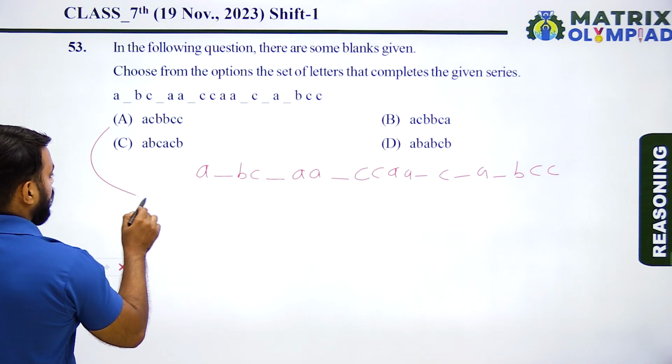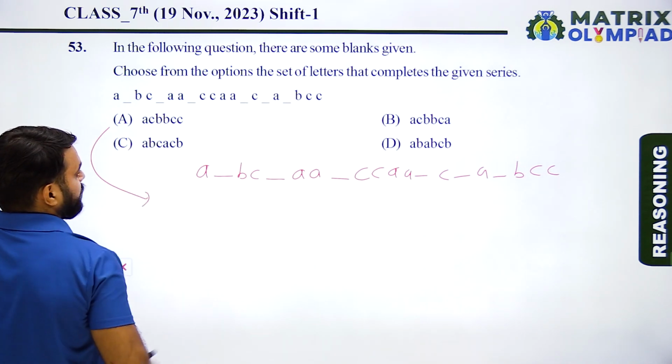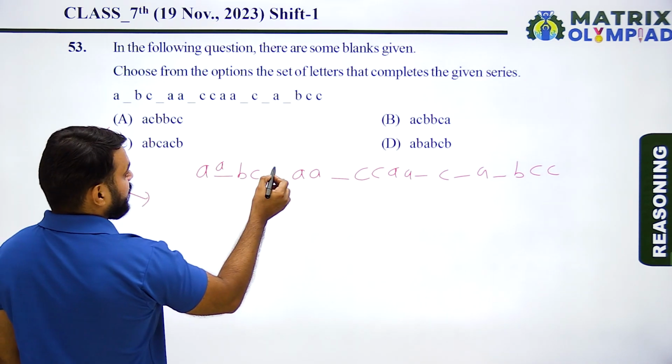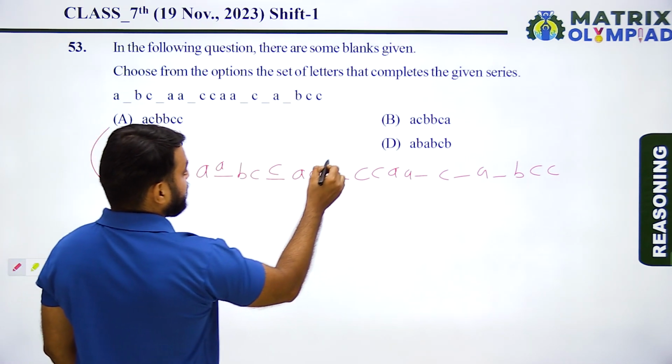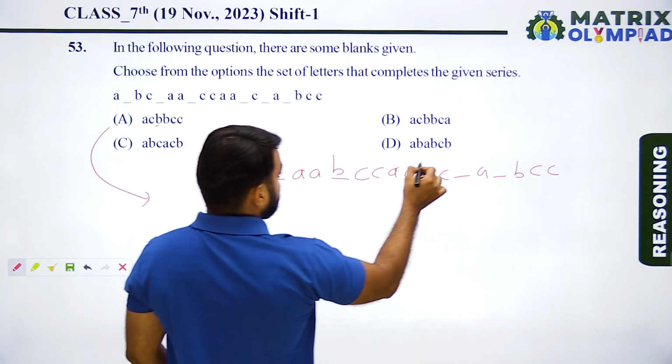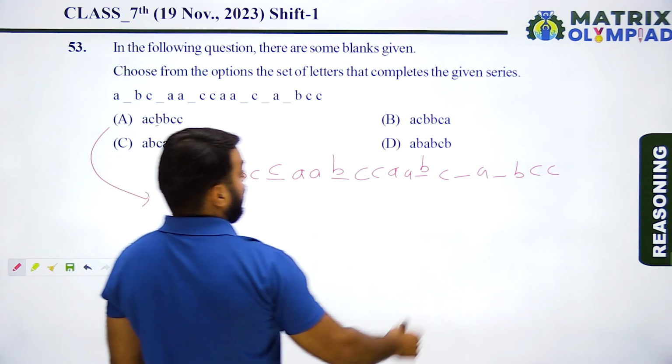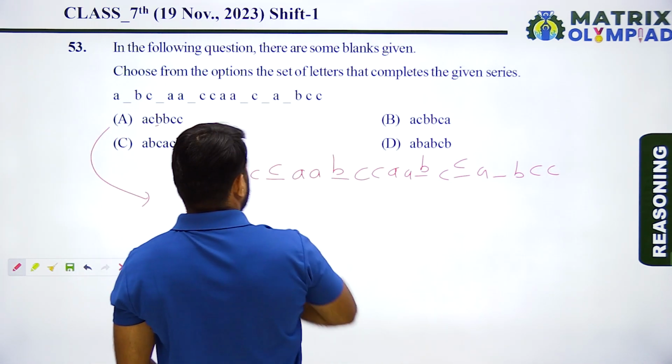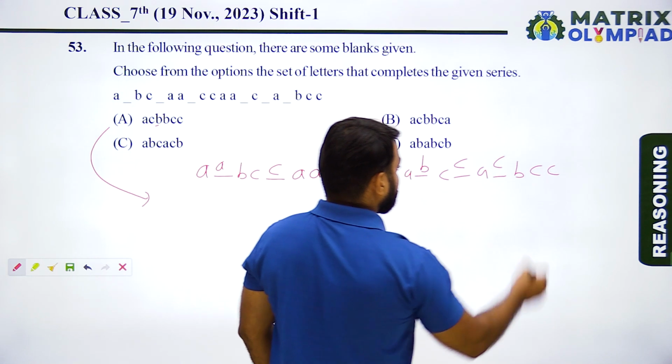According to option A, first blank means A, second blank means C, third blank means B, fourth blank means again B, fifth blank means C, and sixth blank means again C.